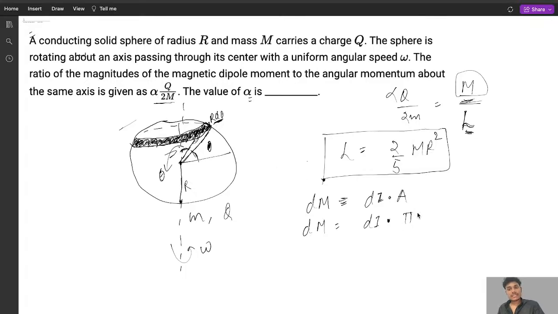So if this is theta, then this horizontal component is r sin theta. So area is equal to pi times r sin theta whole square, as the area of this disk. And now we have to calculate di.